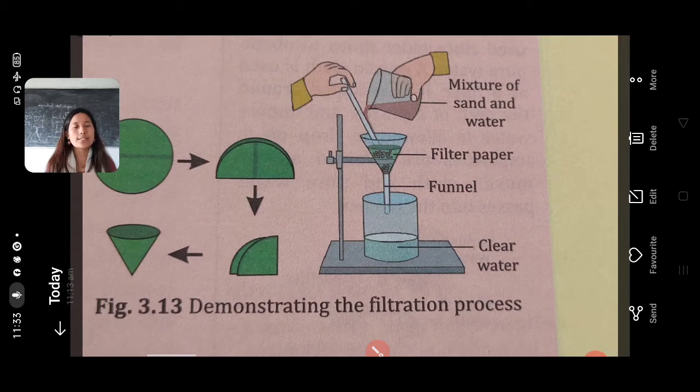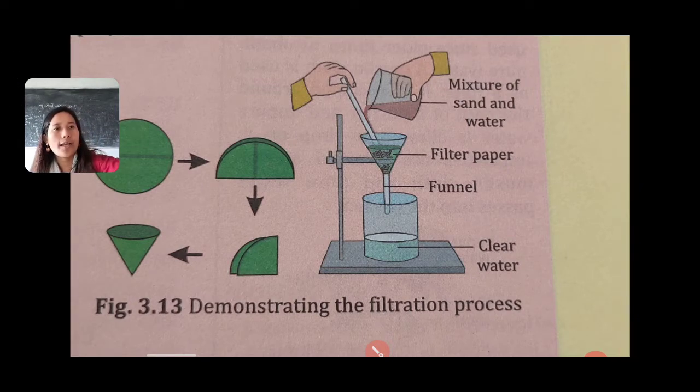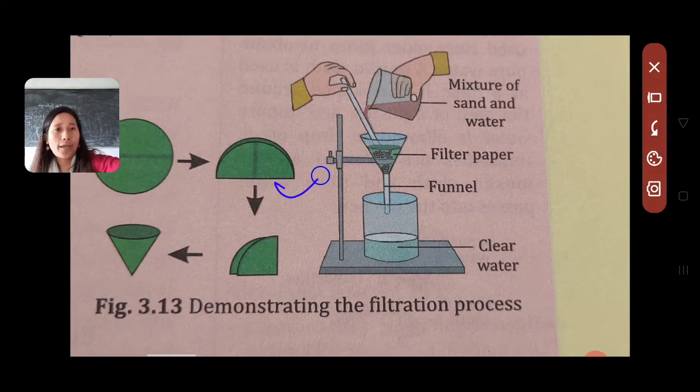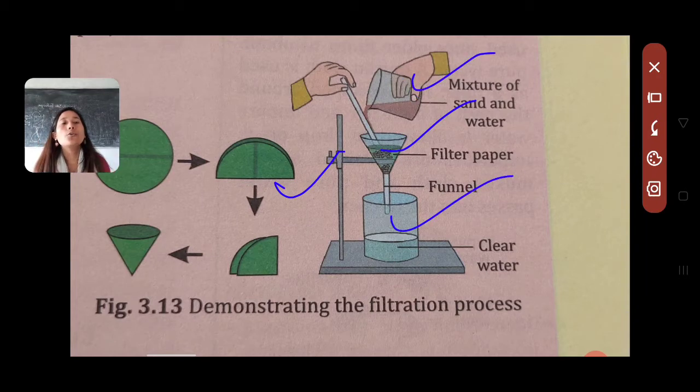So the filtration process that I had discussed a bit earlier, let's discuss that same with a proper diagram. Here you have an experimental setup. What all do you have in this setup? You have a tripod stand, a funnel, and a beaker which contains the mixture of sand and water, just like I told you previously.